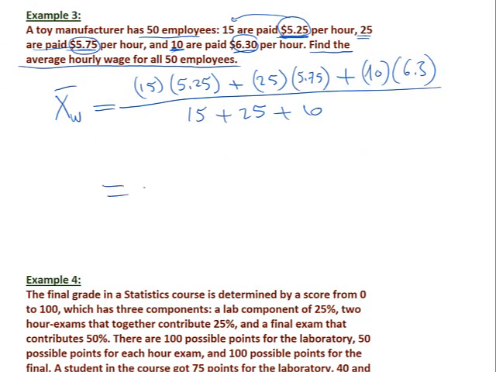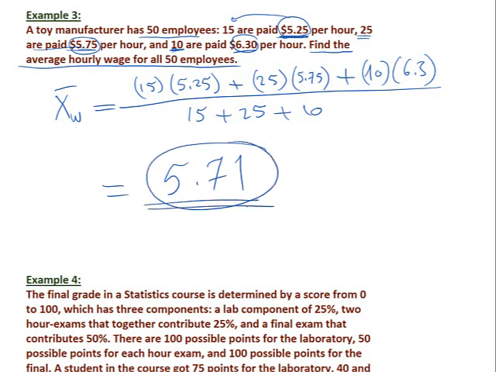So the answer is 5.71. This is the average wage for all 50 employees.